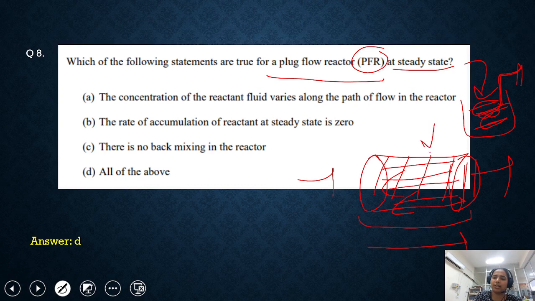That's why we started using this PFR. Then, the rate of accumulation of reactant at a steady state is 0. That is also correct. And there is no back mixing in the reactor. This is also correct for this PFR. So the answer to this question is all of the above.